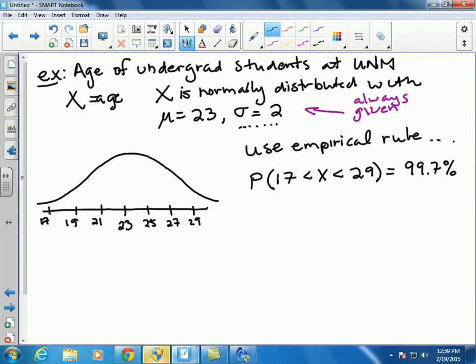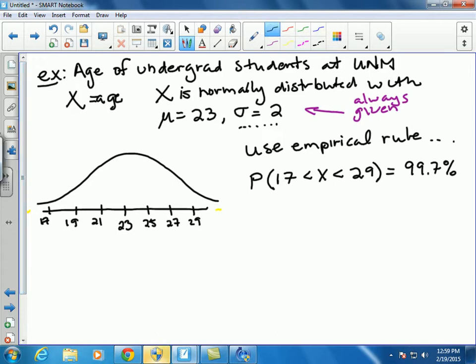Yes, you almost get everybody there, but there's always that outlier student who's 35 in your class, or the 15-year-old over on this side who takes calculus, and they're a very small percentage of the population of undergraduate students at UNM. If you included the graduate school, everything might shift up because graduate students tend to be a little older than undergraduate students.